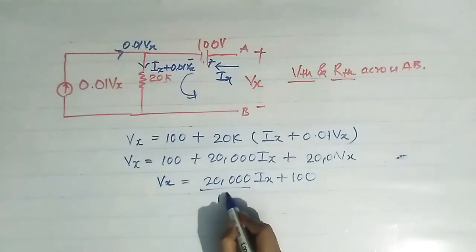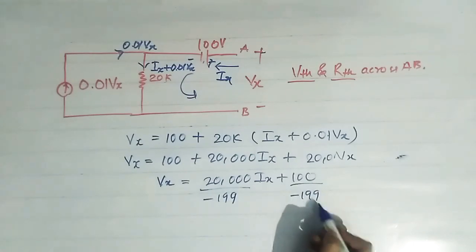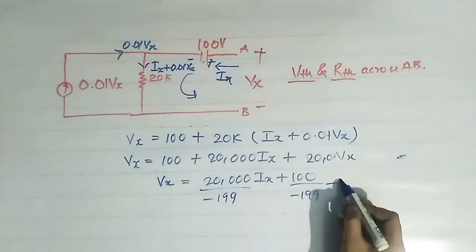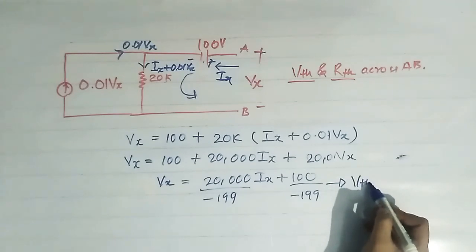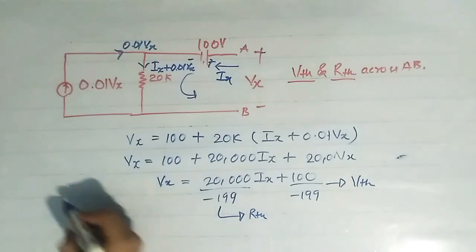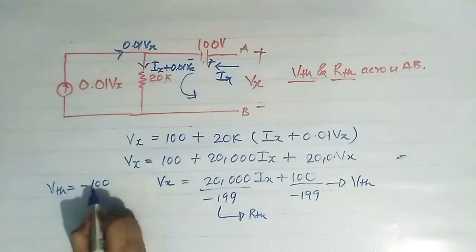Here we will get 199 minus, and here we will get minus 199. So what is VTH? This is VTH and this is RTH. VTH is equal to minus 100 by 199.